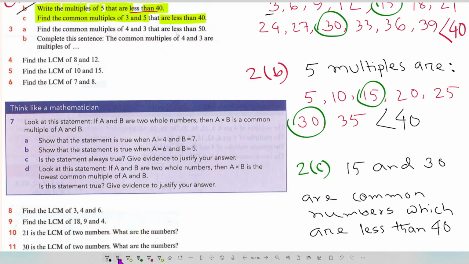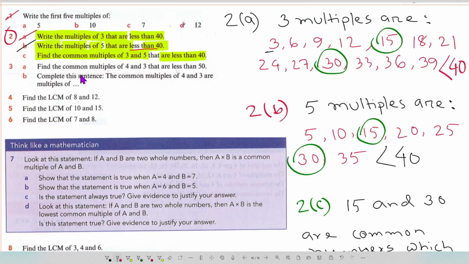Okay, so number C also done. So 1 and 2 both done.